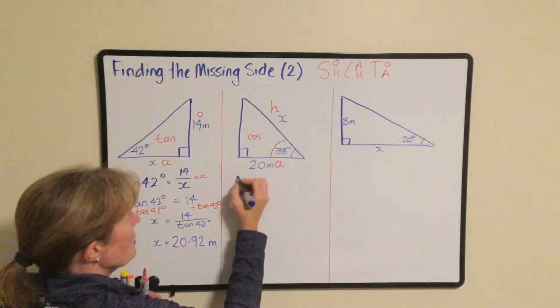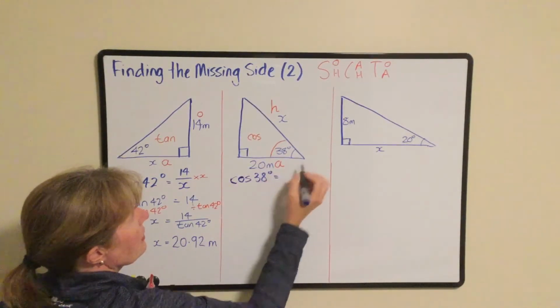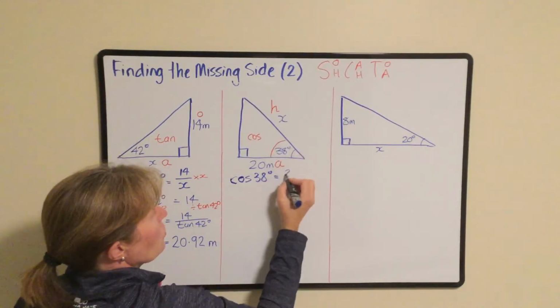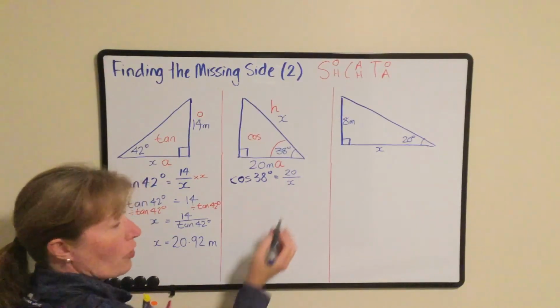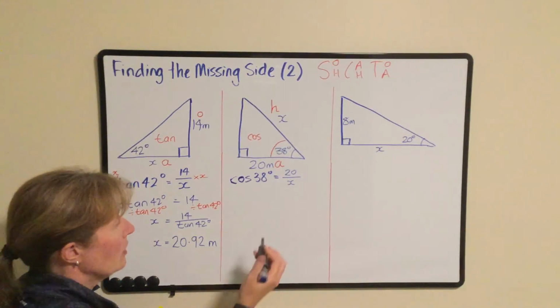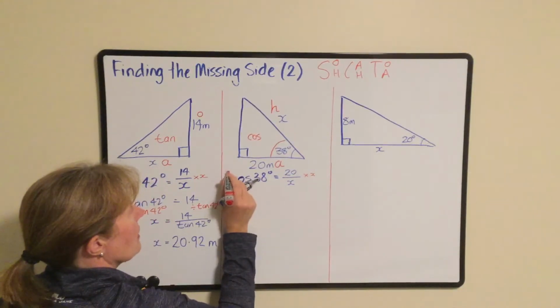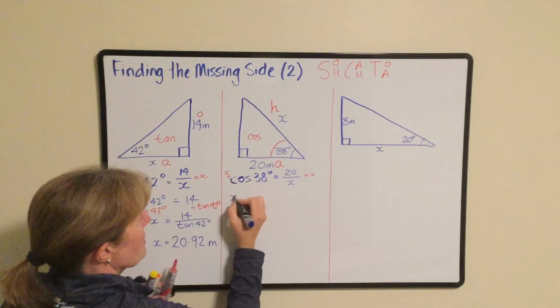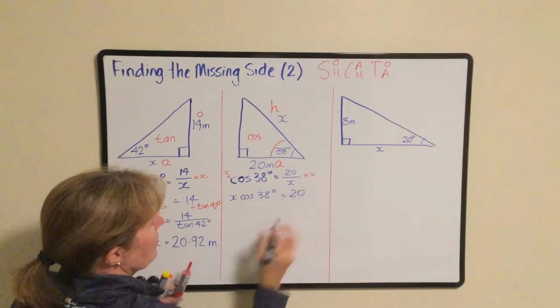So I'm going to write cos of 38 degrees is equal to the adjacent, which is 20, over the hypotenuse, which is x. So we've got x as our denominator. I'm going to do my algebra. I'm going to multiply both sides by x, which gives me x cos 38 degrees equals 20.